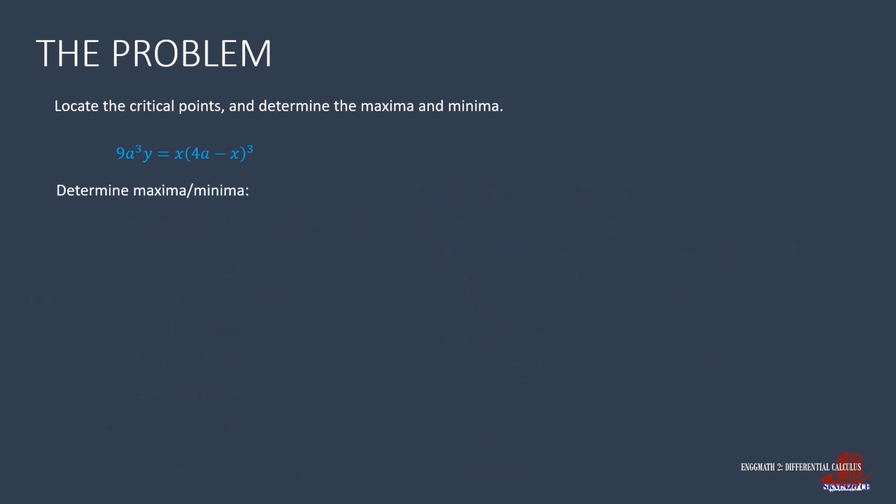Learning the critical points, identify which is the maxima and the minima. From the slope equation, differentiate it again to have y double prime. The first term is then 0, and the second term is then negative 24a squared, with the derivative of x. The third term is 9a, with the derivative of x squared, which is 2x.